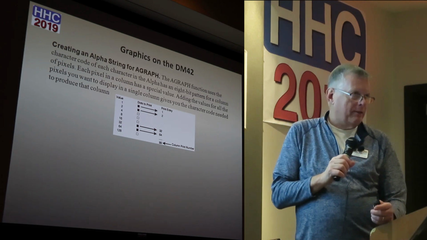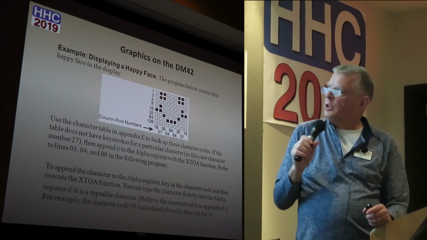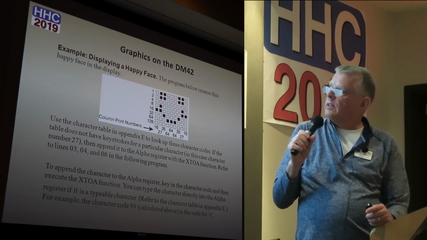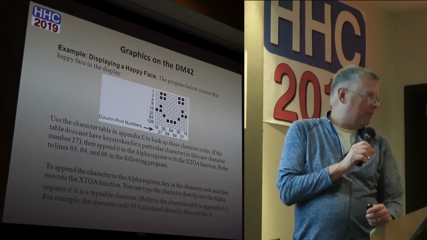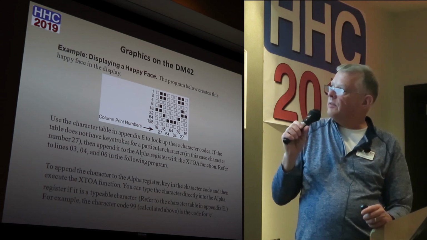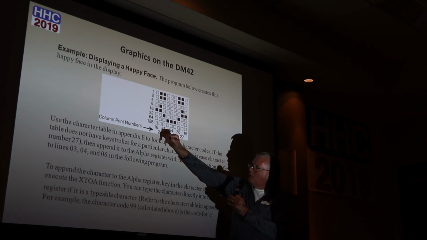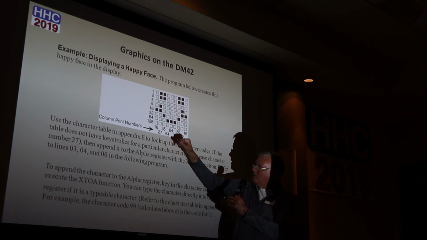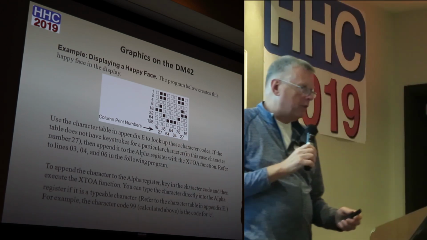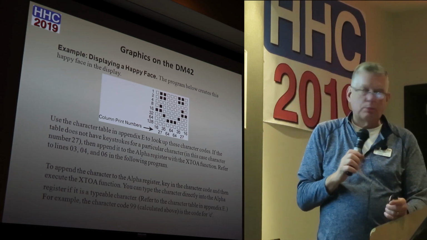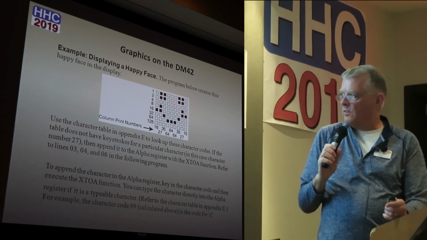If you're creating a font, you'd end up creating a graphic, and this is just a happy face. You can see it kind of created in there, and basically you have to go through and create each of these column numbers and then load them into a graphics spot inside the DM42.